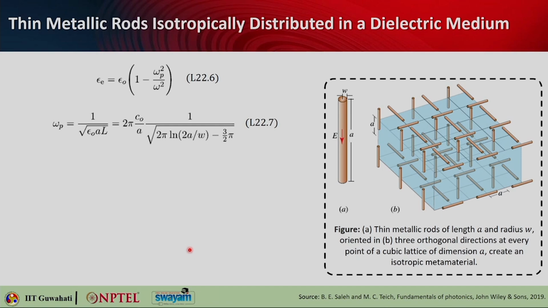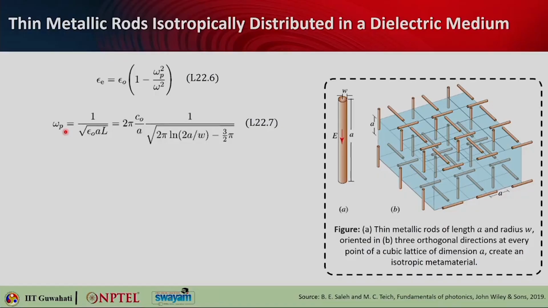So, that makes this system easier to understand than the previous one, but it is definitely much more complicated to realize. But here what is omega p? That is the plasma frequency. In natural metal, that is already decided by the electron concentration, the charge of electron, the mass of electron, and all these things, and you do not have any control.